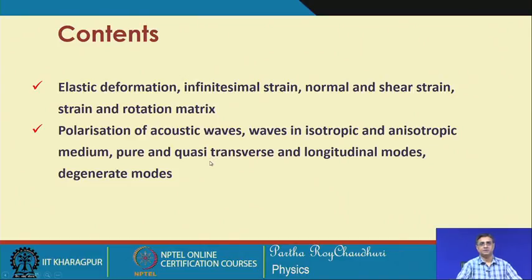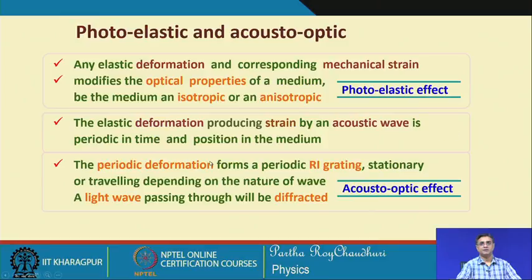So, first is to understand this elastic deformation. Any elastic deformation and corresponding mechanical strain modifies the optical properties of a medium. This deformation, which could be fixed or time varying, will create a strain in the medium, whether the medium is isotropic or anisotropic.